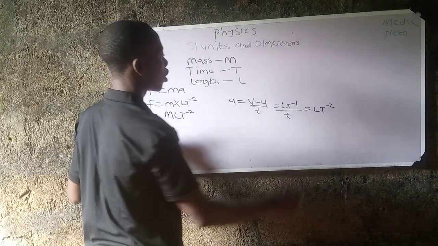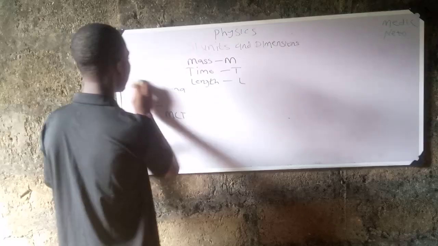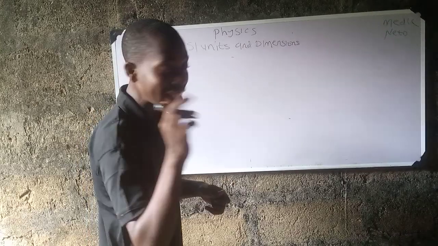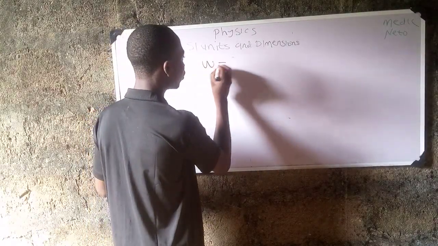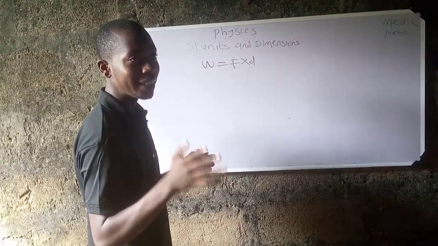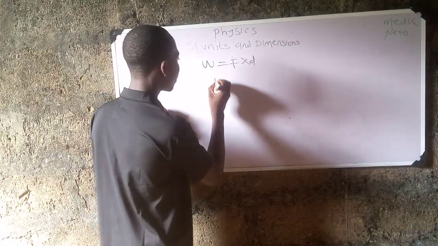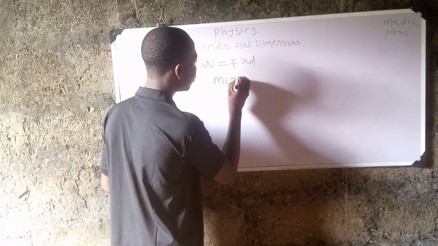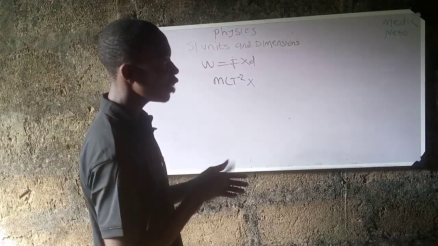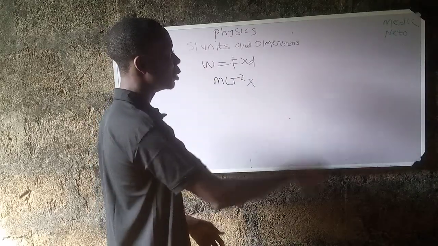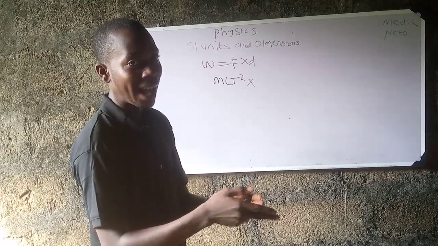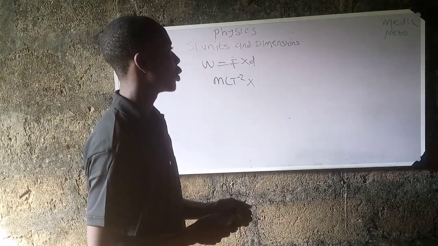Now that's how we also use it to get force. Now let's go to work. Work is force times distance. I'm just trying to connect all of them together. Force times distance. Now we already know the dimension of force, which is MLT^-2 multiplied by L, because distance is measured in meter and length is measured in meter, and they told us that it's only mass, time and length that we can use to dimensionalize any quantity.